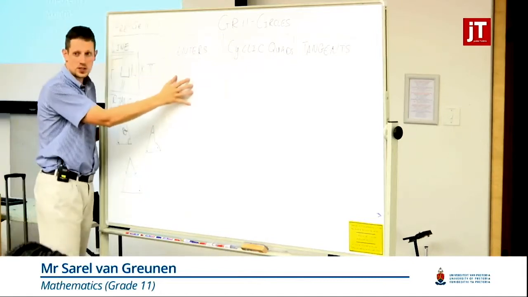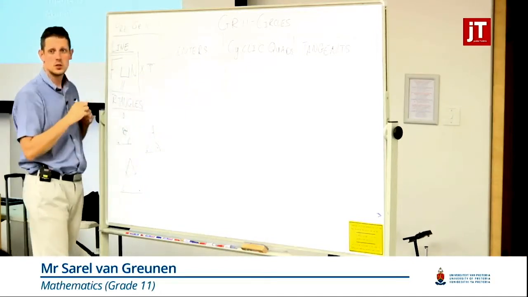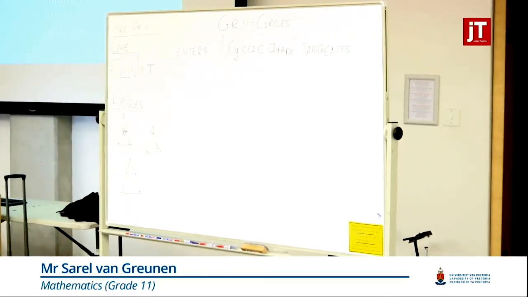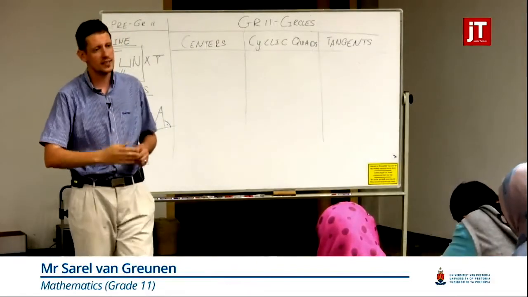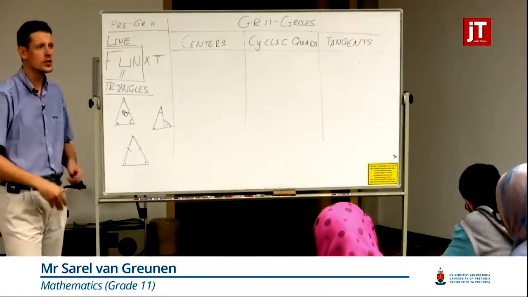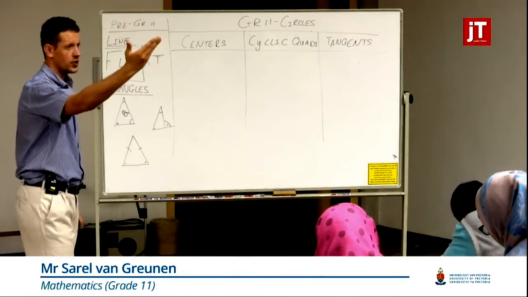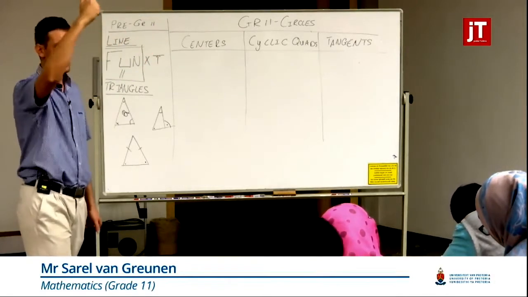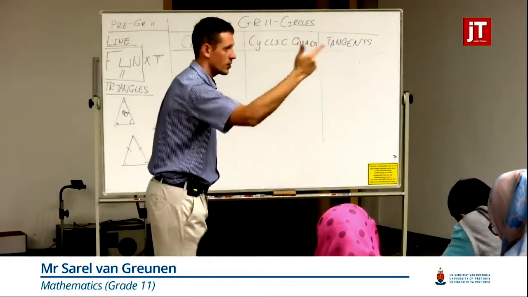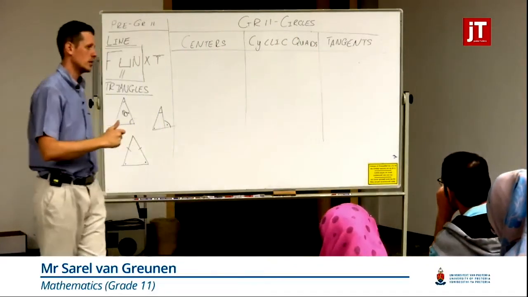When looking at centers of circles, what do I do first? Remember my house, I'm going to start at the foundation. I'm going to start with the definition. The definition of a circle gives me radii, and therefore I can look for isosceles triangles.